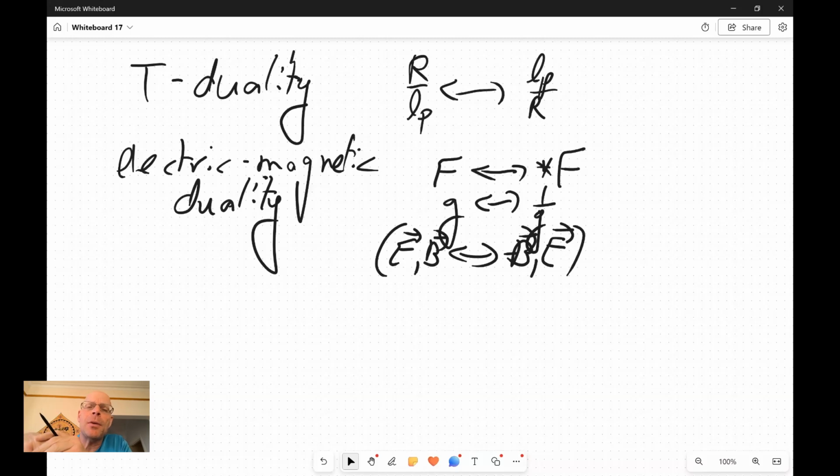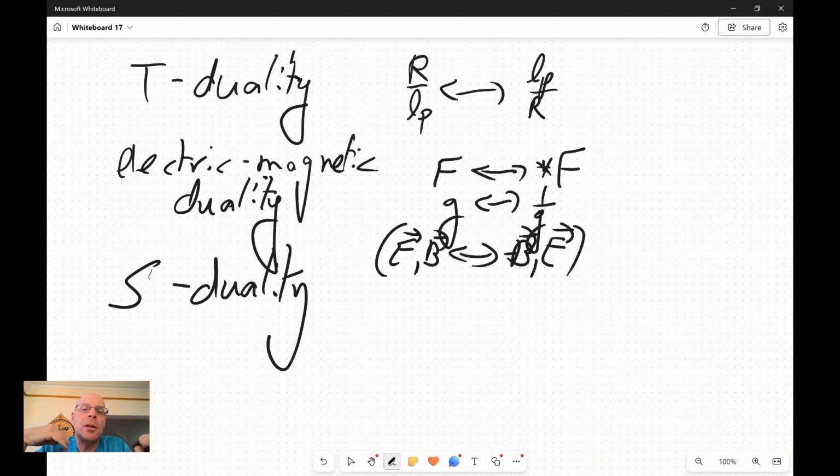But in one theory, the electric and magnetic fields couple with gauge coupling G. In the other, it's 1 over G. So this is an example of weak-strong duality. The non-abelian generalization, which exists in both field theory and string theory, is called S-duality.